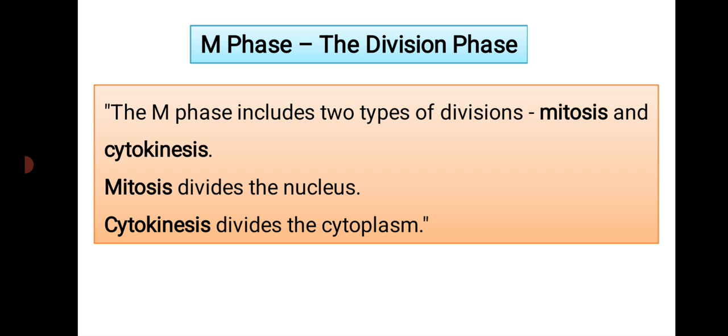Mitosis divides the nucleus, right? After that, cytokinesis occurs, that is the sharing or division of the cytoplasm to both the daughter cells.